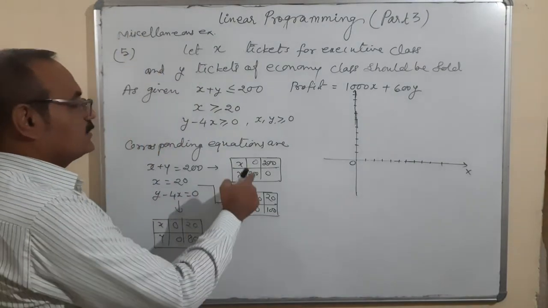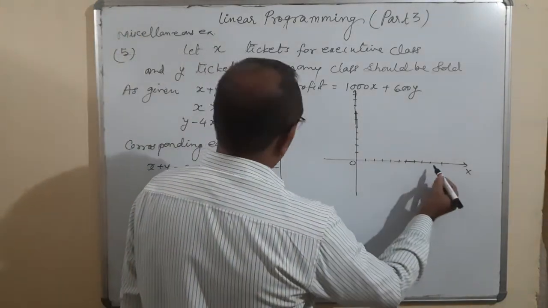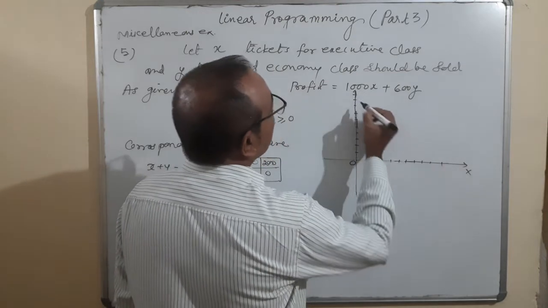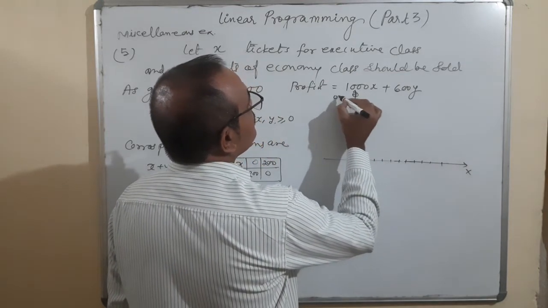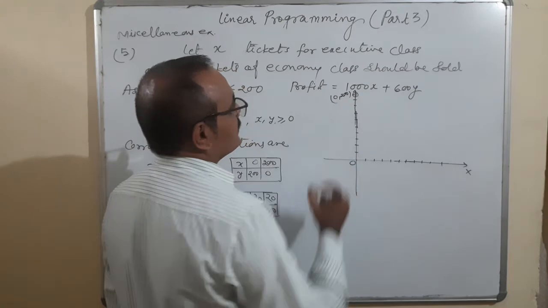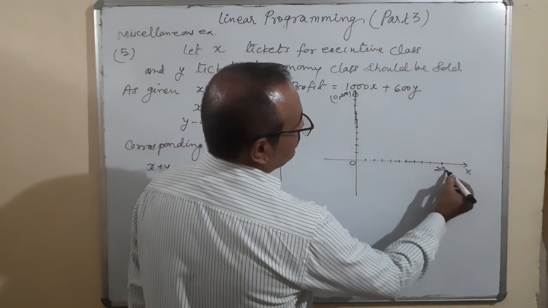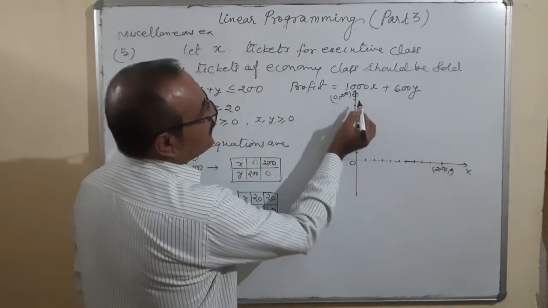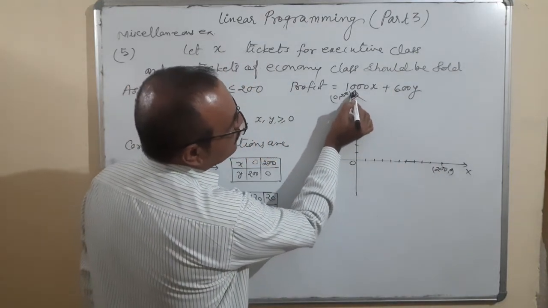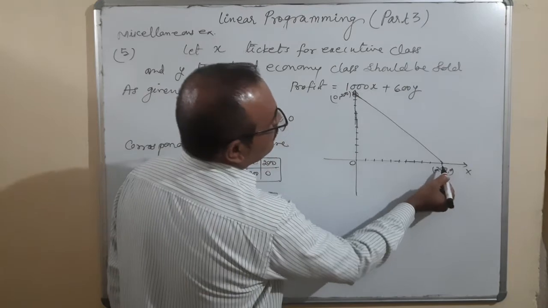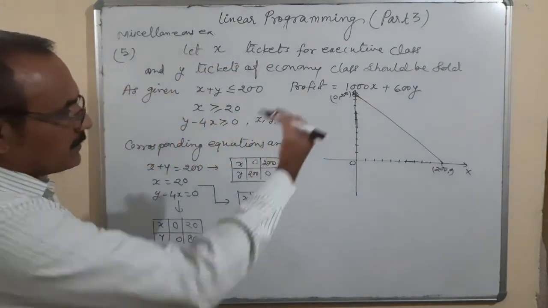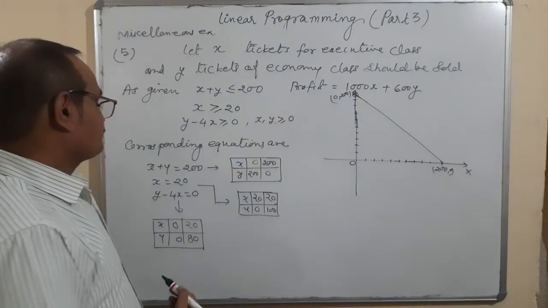One point is 0, 200, that is x 0, y 200, and the other is 200, 0. We can join them. It contains the origin, the region toward the origin.